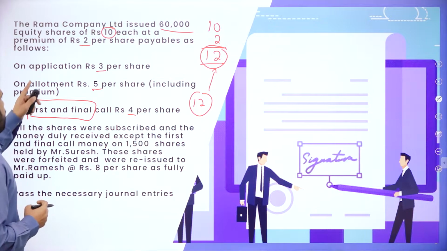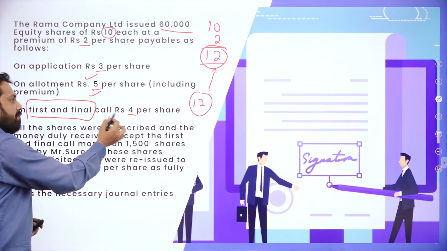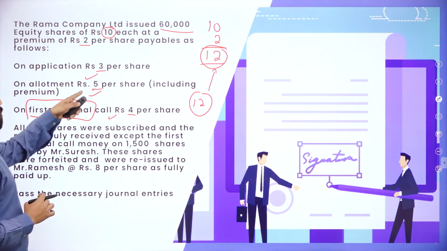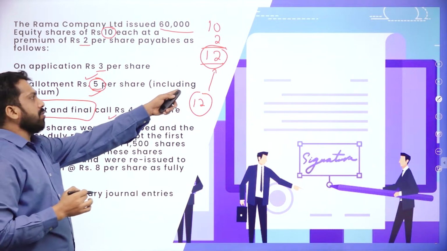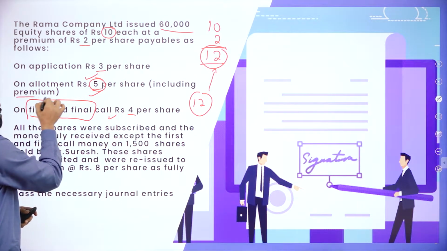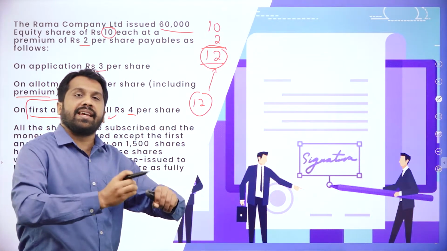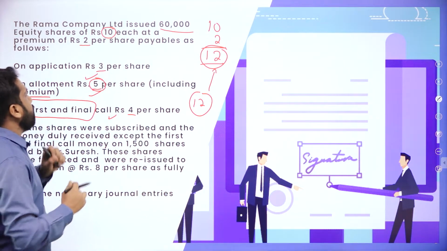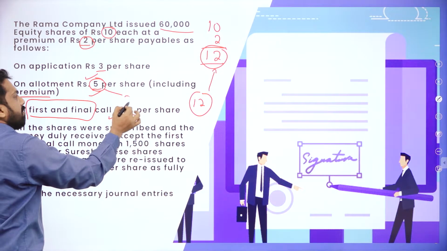Now, application they have paid, allotment they have paid, first and final call they have paid. In the 5 rupees they have given for allotment, the premium is included. We have to separate it. Now, what is your premium amount? It is 2. Out of 5, you have to separate 2.